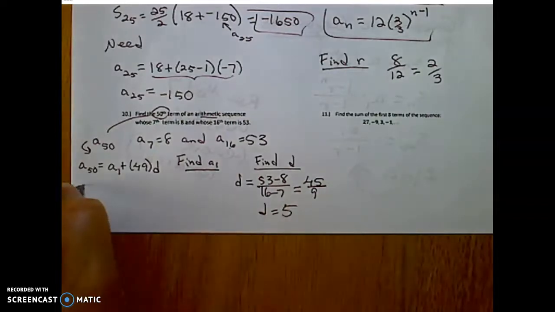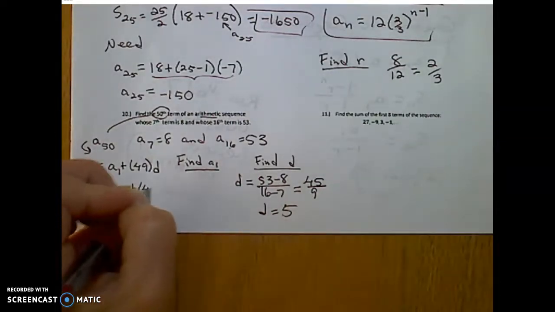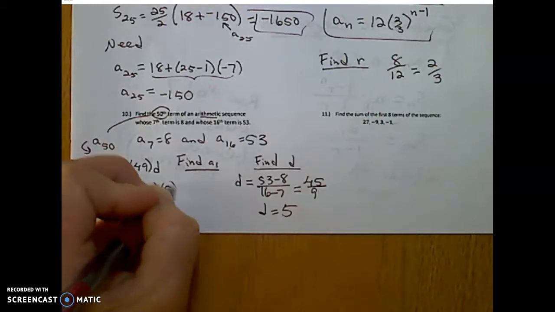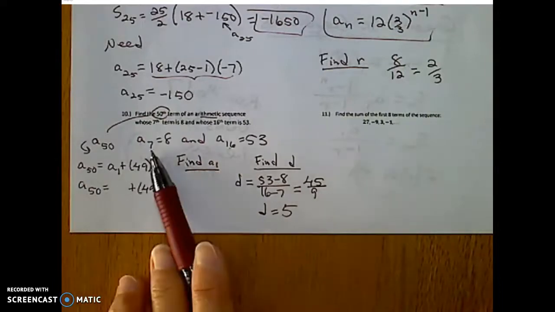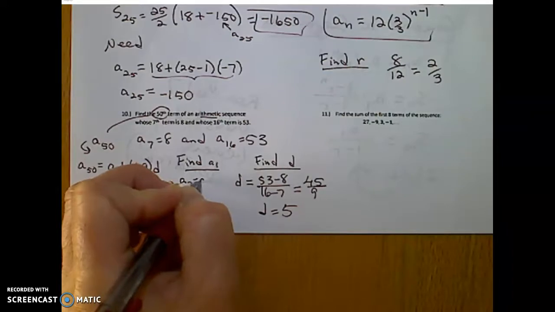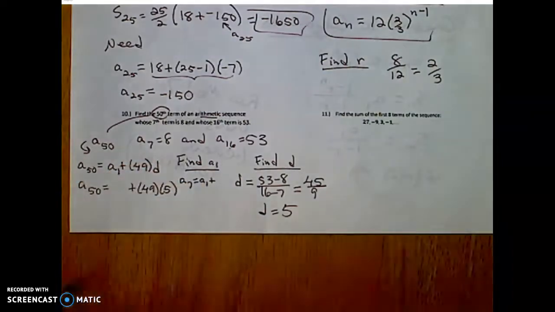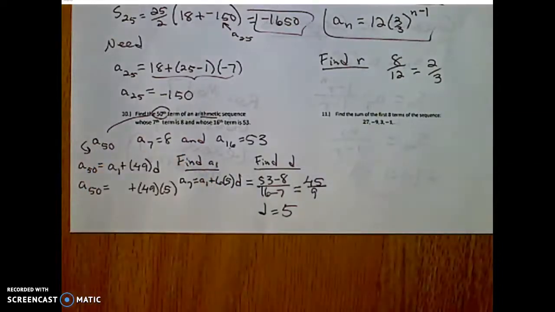Okay, so the 50th term will be the first term plus 49 of those common differences. But I need to find a sub 1. To find the first term, I'm going to use the 7th term, because the 7th term will be the first term plus only 6 of those differences, which we just found is 5.